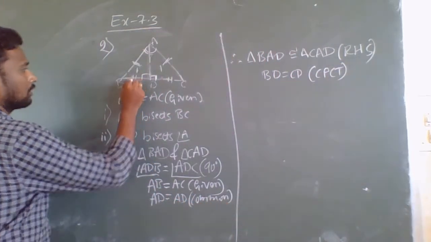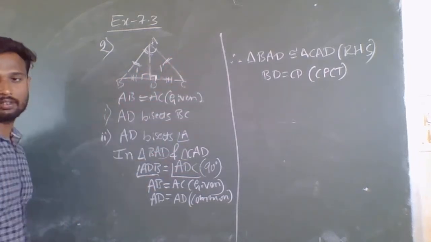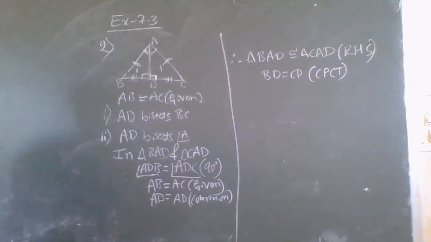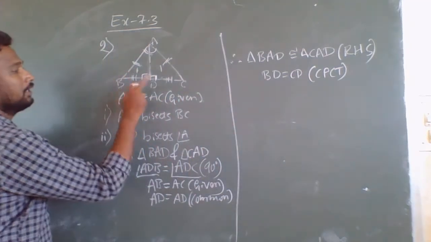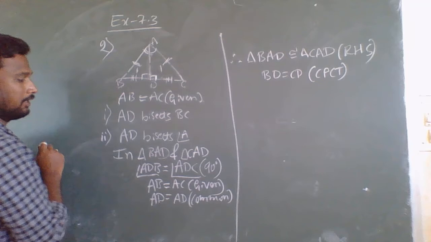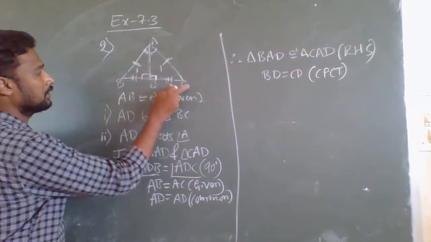If BD is equal to CD, then we can say that AD bisects BC.